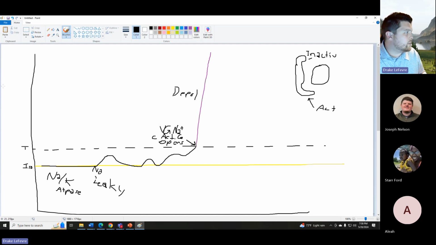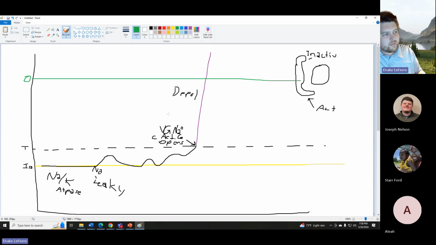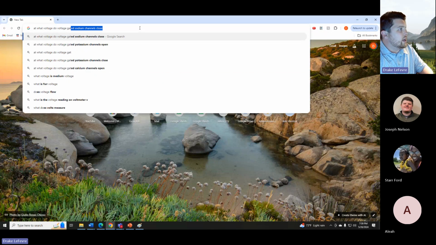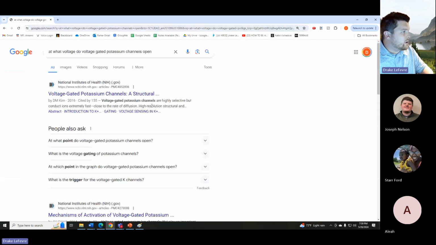As we continue to go up, we hit the 0 mark. And somewhere between here and the very, very tippy top, our voltage gated potassium channels start to open. Let me actually look up exactly at what voltage voltage gated potassium channels open.